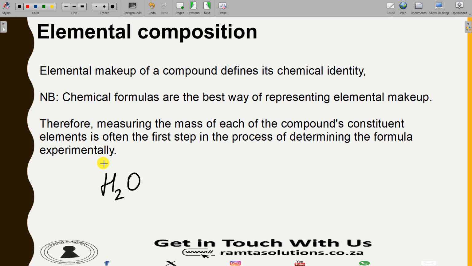Now, elemental composition gives you how much an element contributes to that compound.